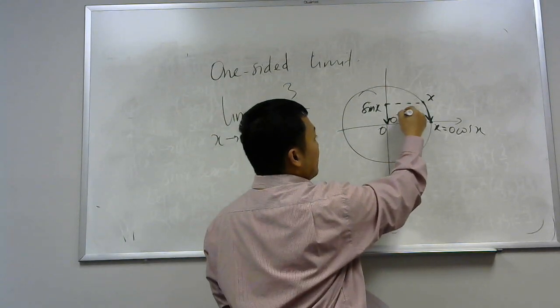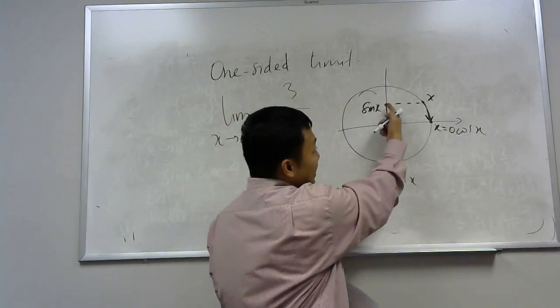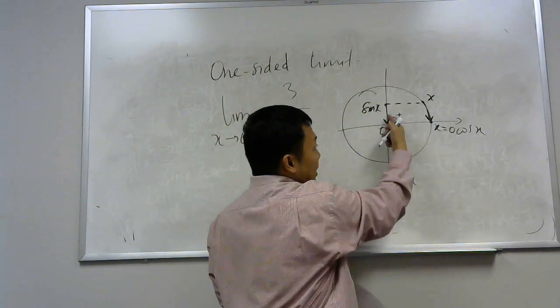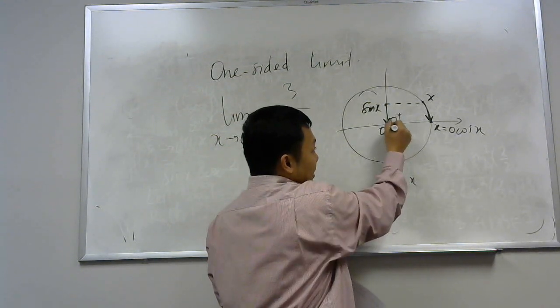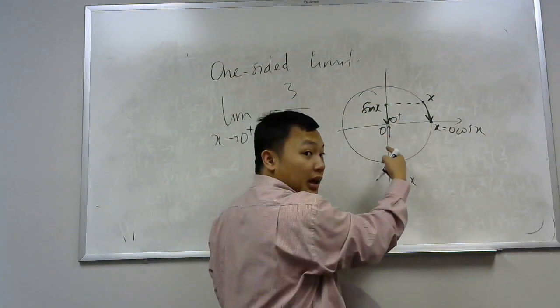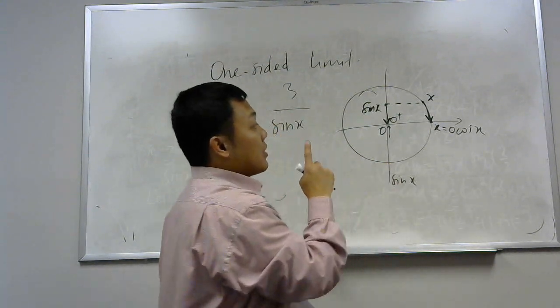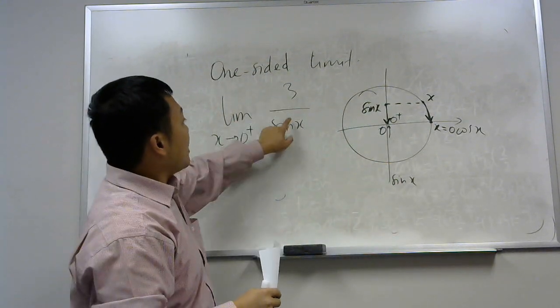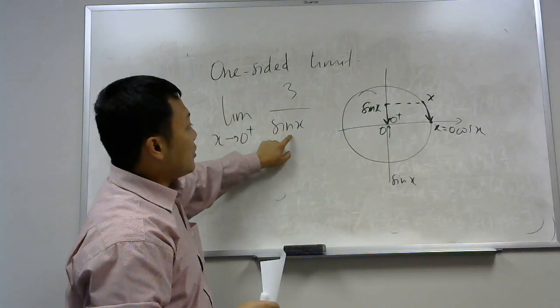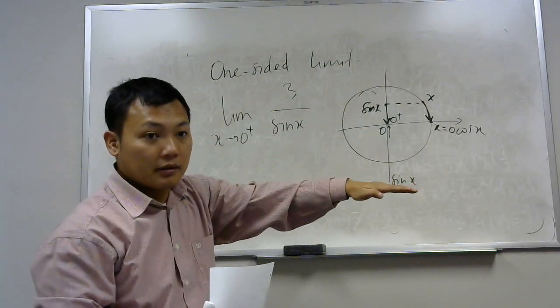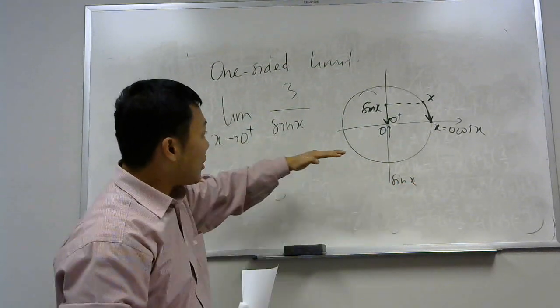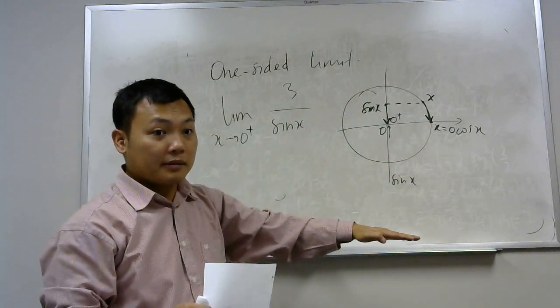Here again from the right, because it is always bigger than 0. In this direction, it goes to 0 from the left because it is always less than 0. So x goes to 0 from the right, sine goes to 0 from the right.